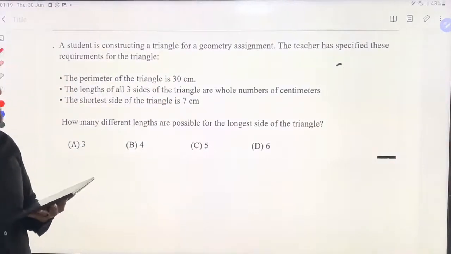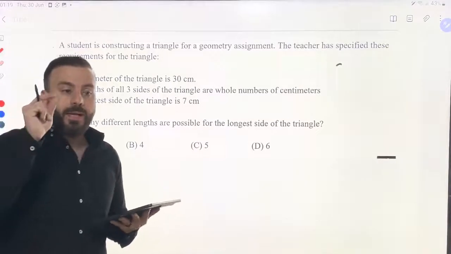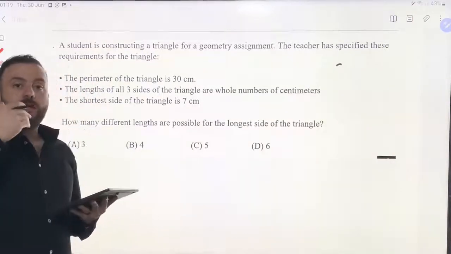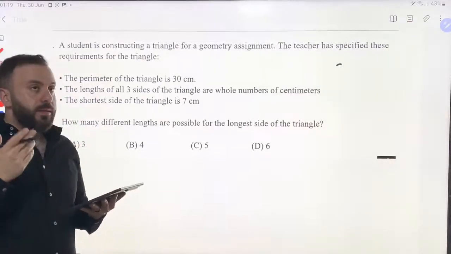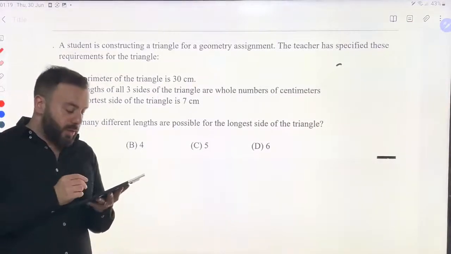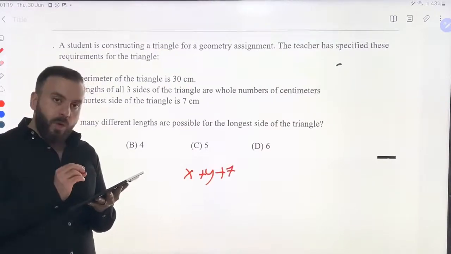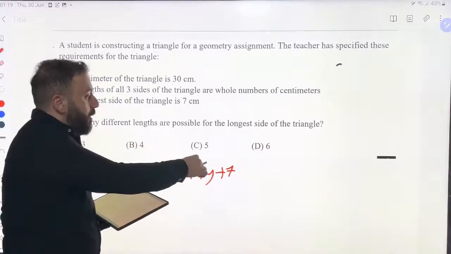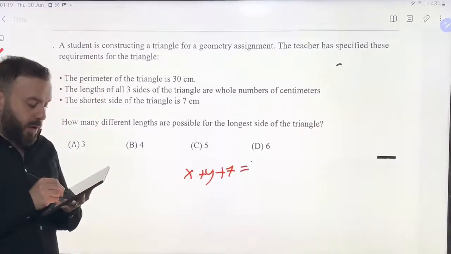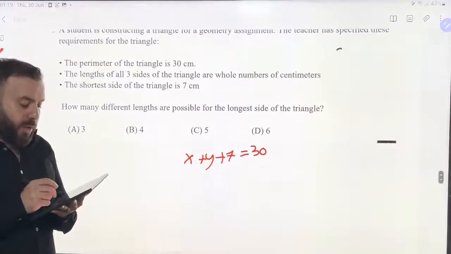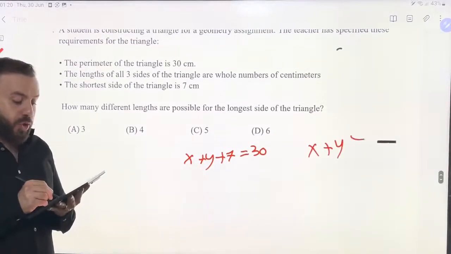Which means how many possible measures of the longest side. I need to make the calculation. First of all, I know that x plus y plus 7 is equal to 30. That's the perimeter, right? At the same time, I know that x plus y should be greater than 7.